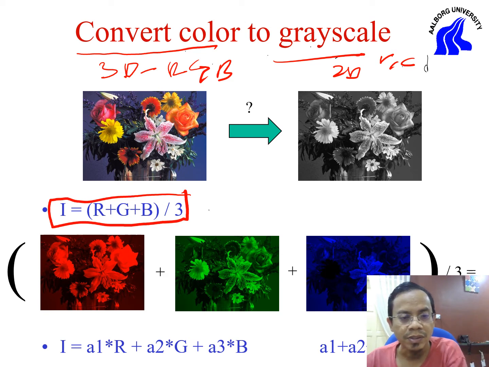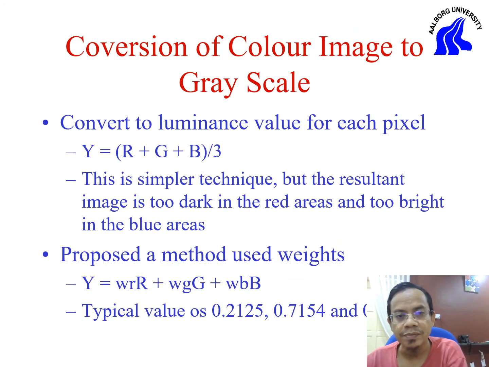This is another conversion equation. To convert the color image to grayscale, we can use this weightage of each red, green, and blue. This is the weight method.